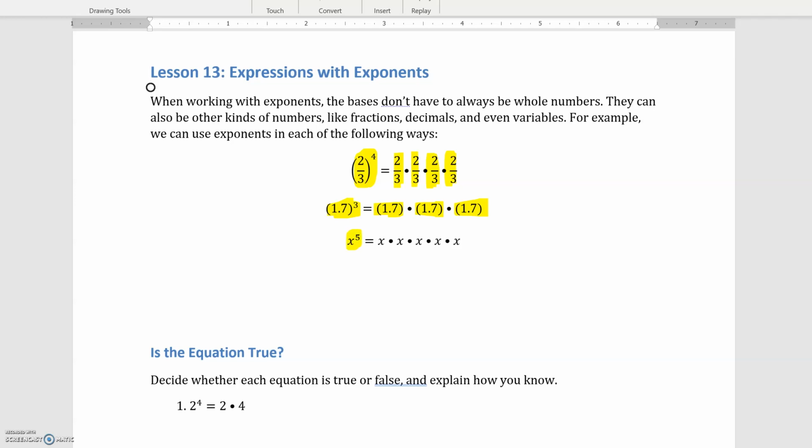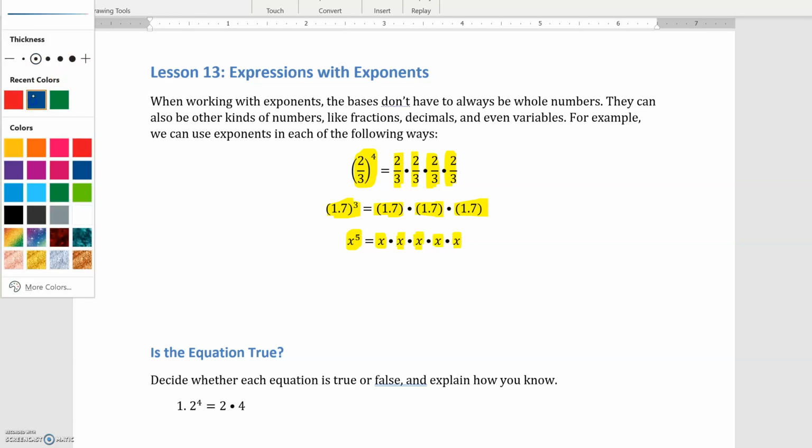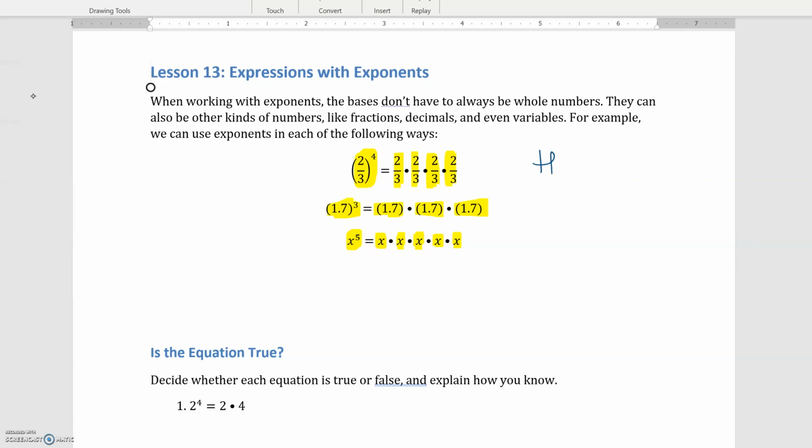And I can say x to the 5th power is the same as multiplying x by itself 5 times. So big picture, the key thing to note here is that the base can be a fraction, decimal, and variable.